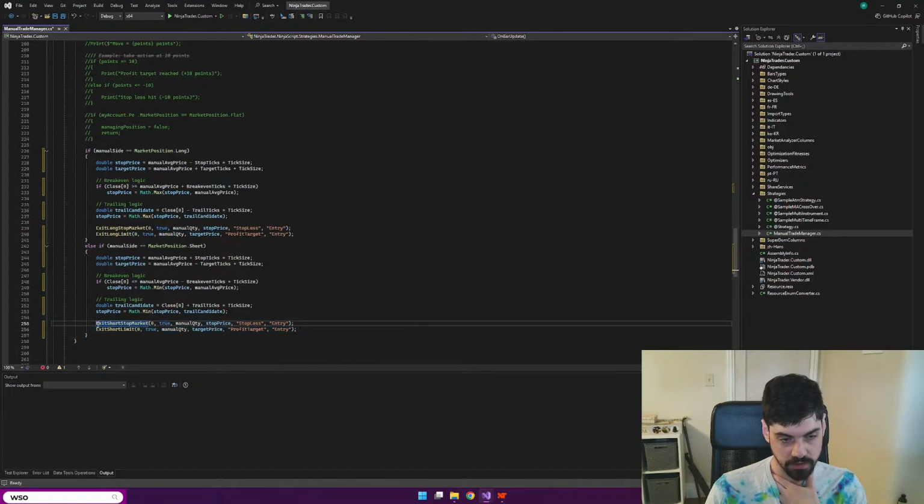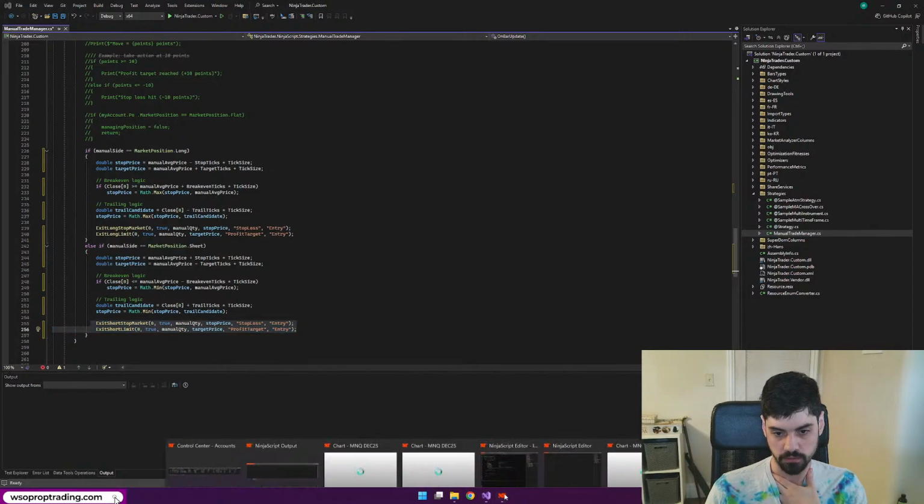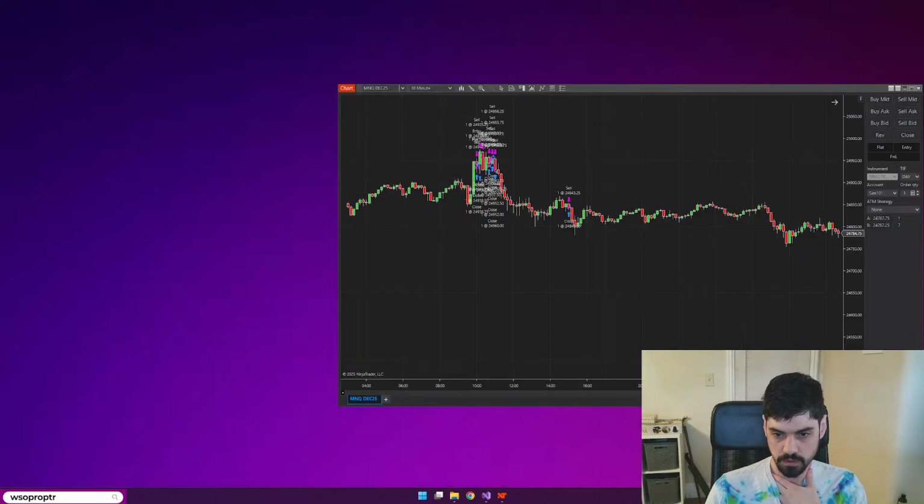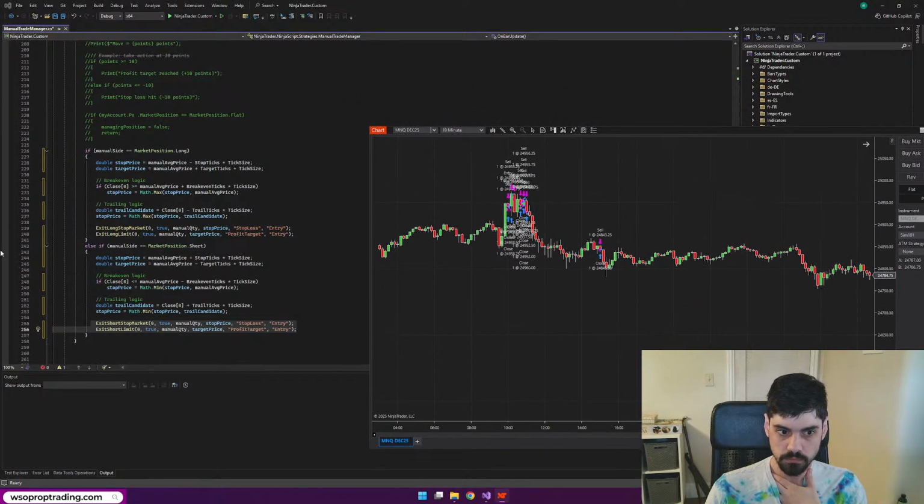It was doing that every time. Now I don't know what that's actually doing, because we entered a position and then this just says that it's trailing, I guess.